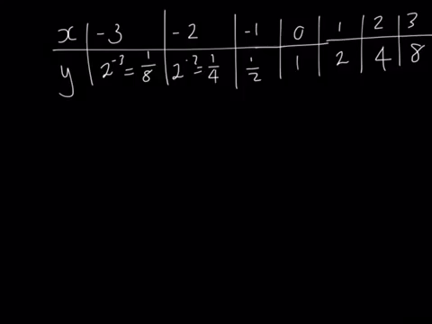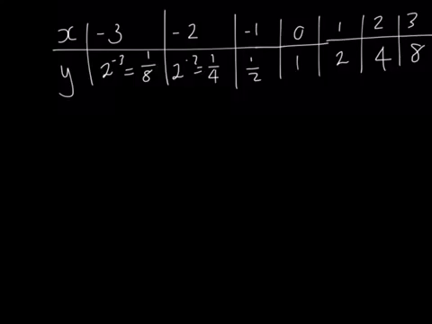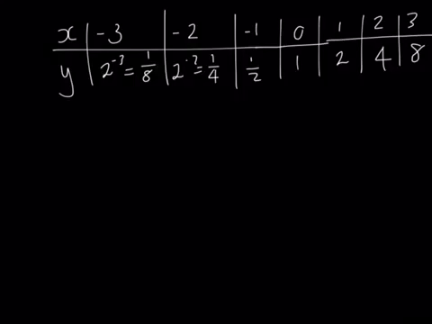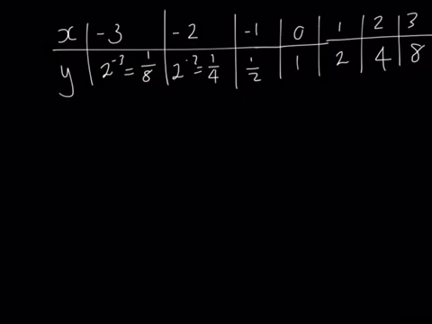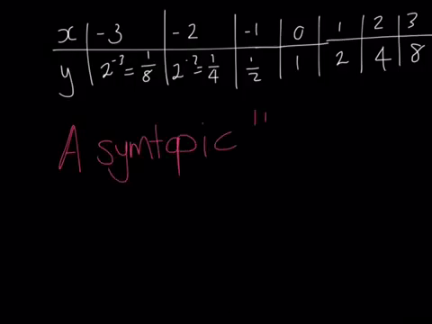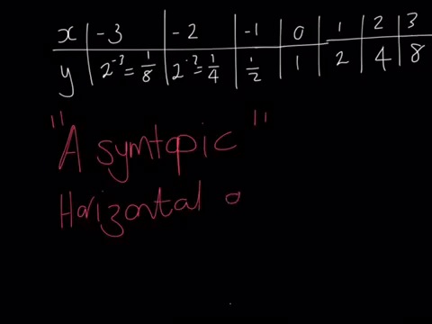So this is called asymptotic, or we talk about a horizontal asymptote.